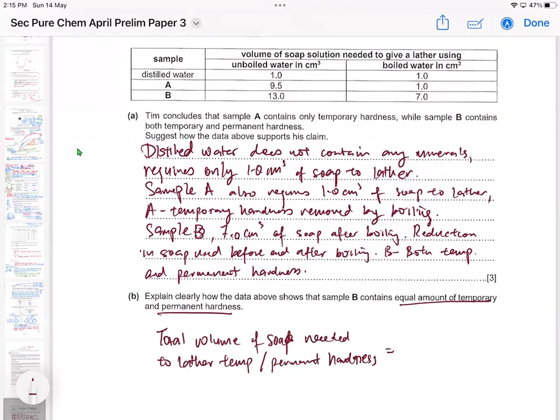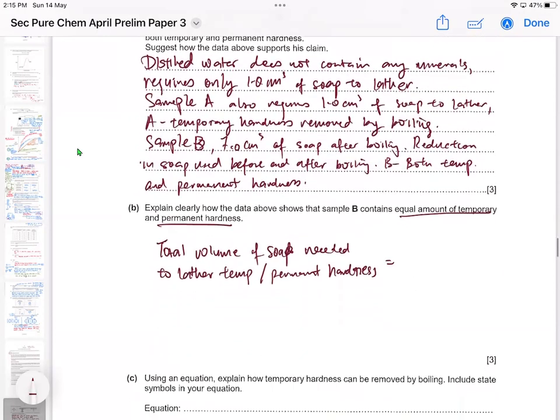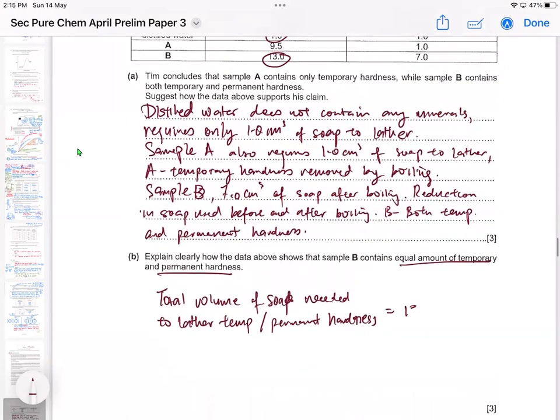Okay, the total volume we have here is 13. For distilled water it is 1. So by default, the water will require 1 cm cube of soap to lather. So with the temporary and permanent hardness, the total volume was 13. So if we subtract this away, the amount of soap required will be 12 cm cube for both temporary and permanent hardness.